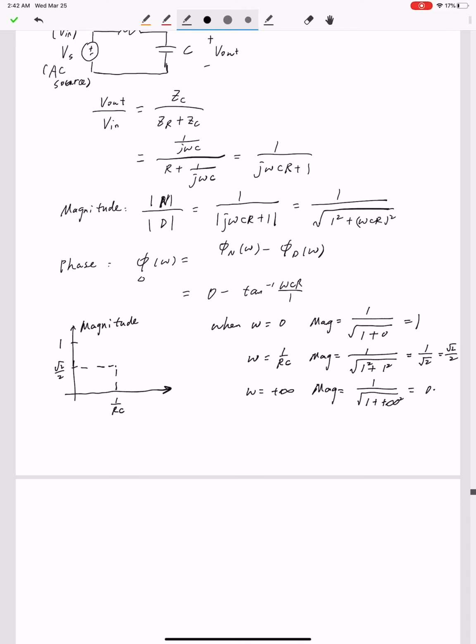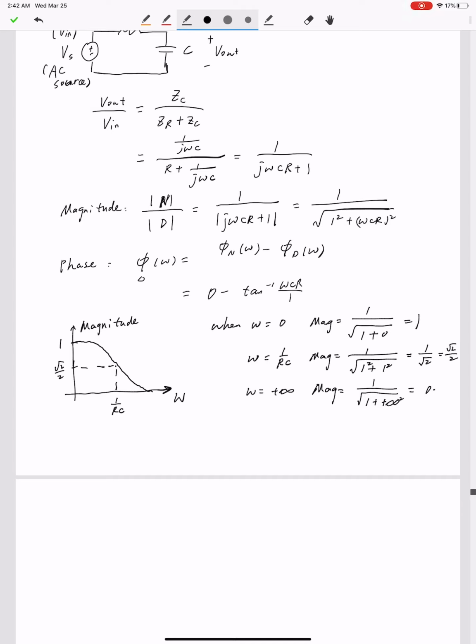So the plot of magnitude starts at 1, goes down to square root of 2 over 2 when omega equals 1 over RC, and goes down to 0 when omega is positive infinity.